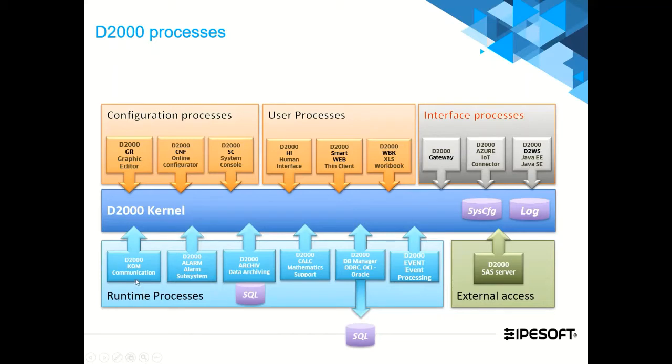We have applications with more than 20 communication processes or more than 20 event processes, some of them running also remotely. So this was the architecture of a single D2000 server. Now before we get to creating the application, let me show you a few screenshots and photos from our applications.